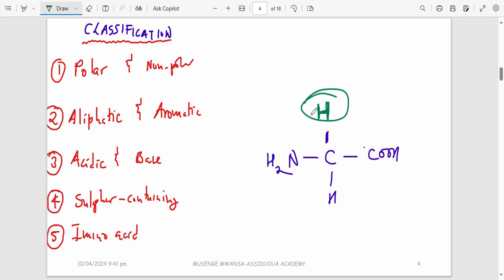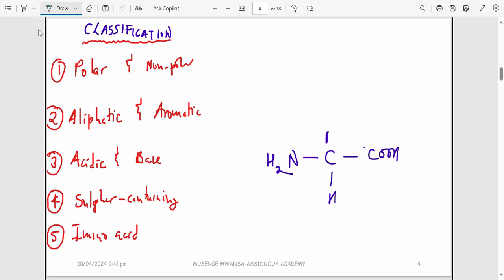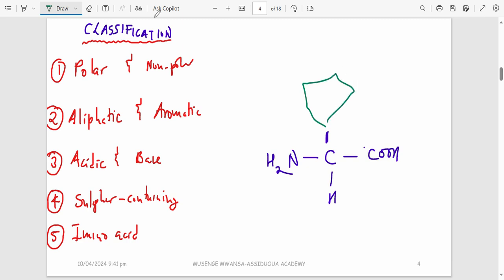It's non-polar, very good. So glycine is a non-polar amino acid. And you can see it's not in a chain. Is it going to be aliphatic or aromatic? Aliphatic means straight. Aromatic means it has a ring. But it doesn't have a ring. So unless it has something like this, it's aliphatic.